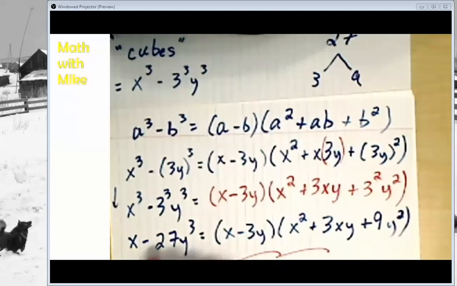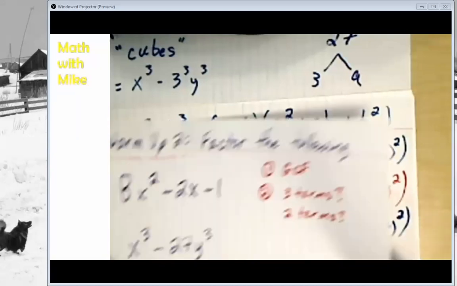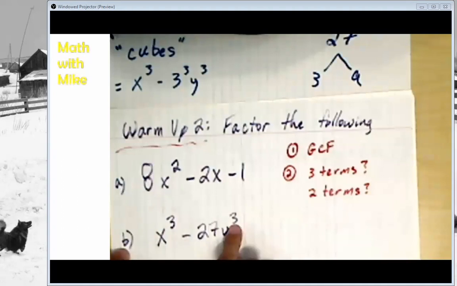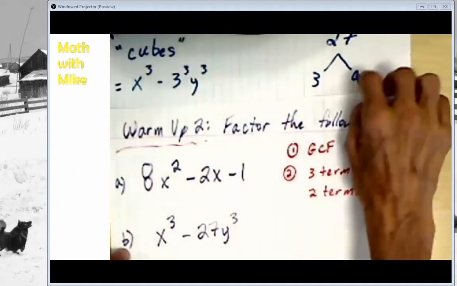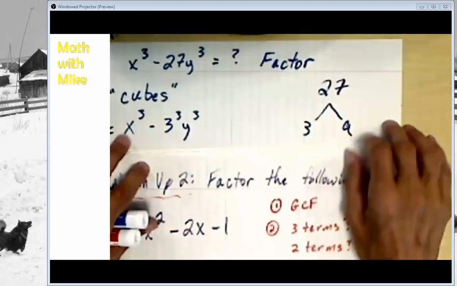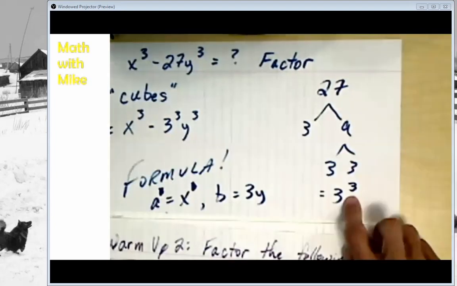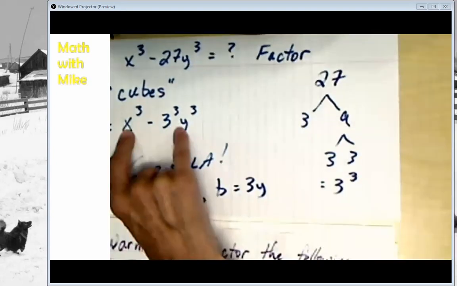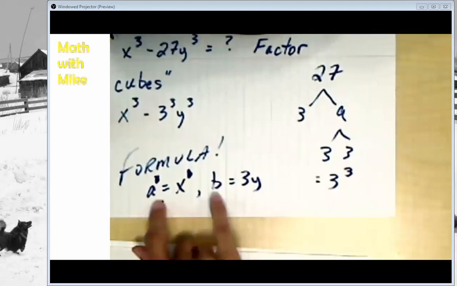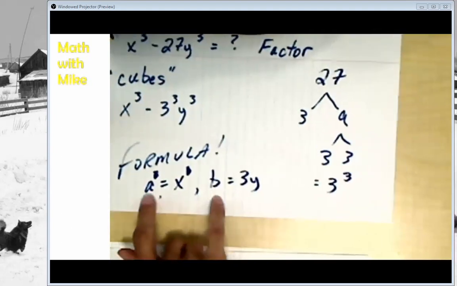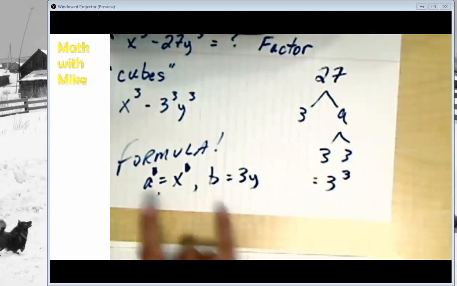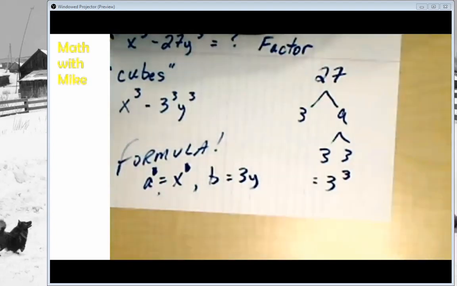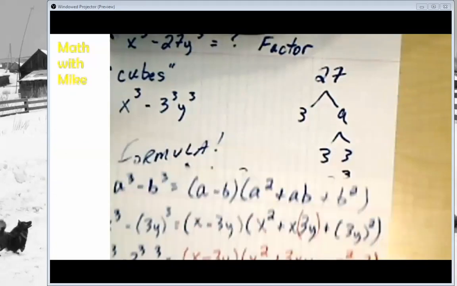Okay, so just as a reminder, this was our original question. 2 cubes subtracted. 27 is a cube, which we verified with doing some prime factorization. Okay, so cubes. We figured out what A and B are going to be. And then applied the formula that we had for this situation.